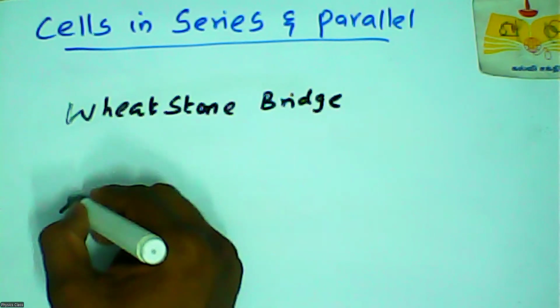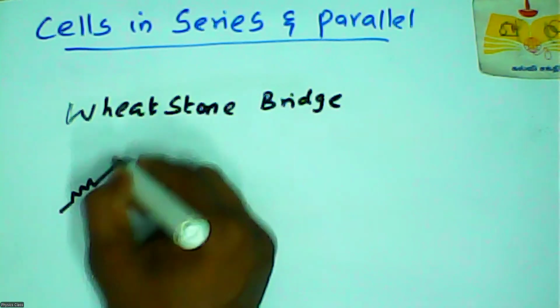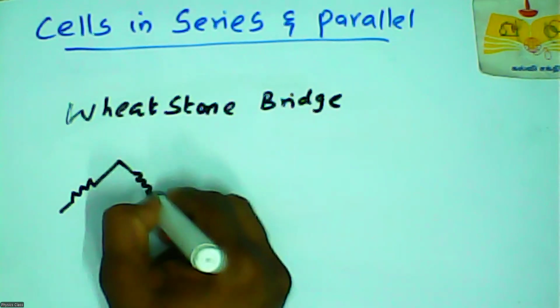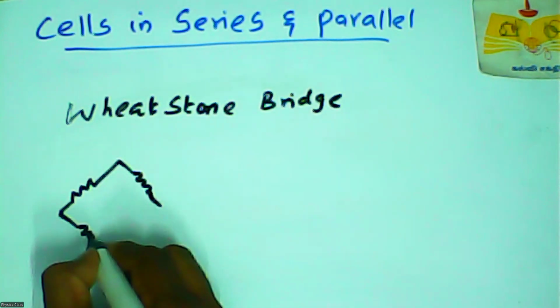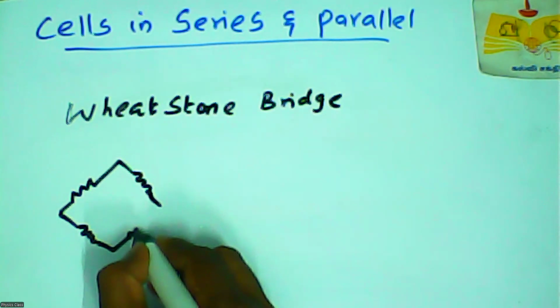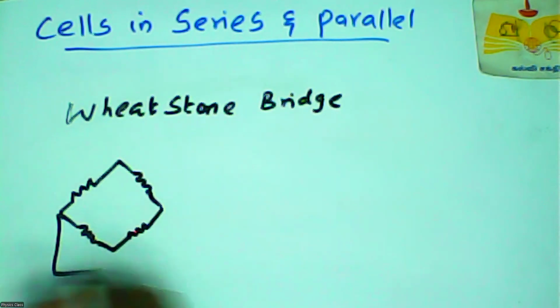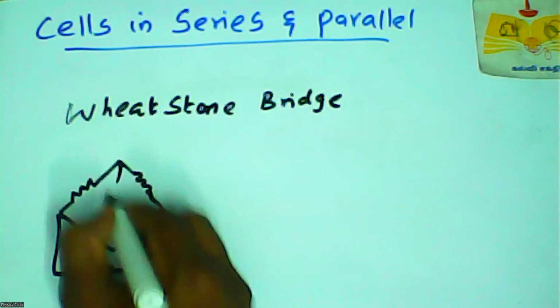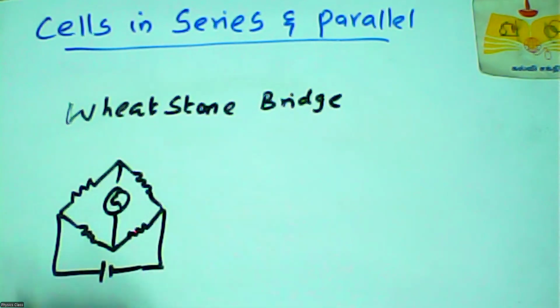For example, this is a connection, and here one galvanometer or ammeter is there.